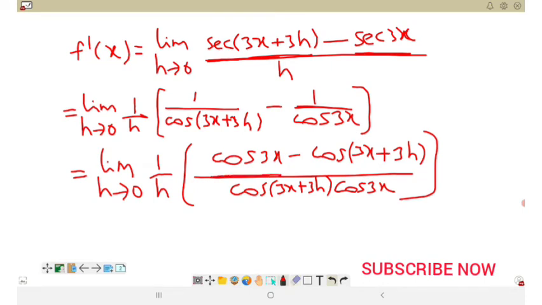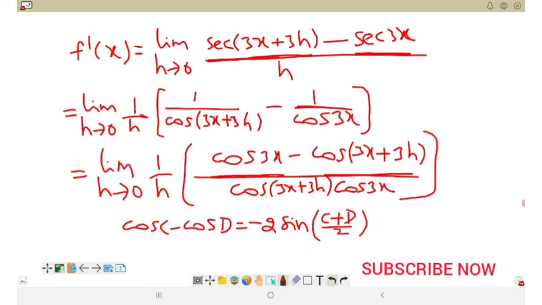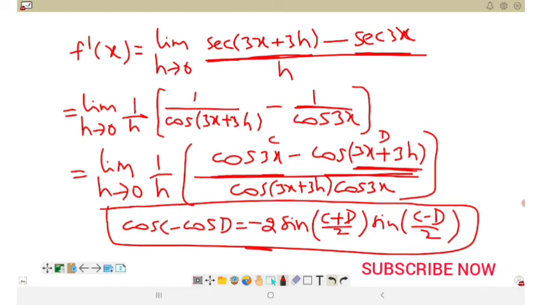So it is of the form cos c minus cos d. Cos c minus cos d is equal to minus 2 into sine of (c plus d) by 2 into sine of (c minus d) by 2. f dash of x is equal to limit h tends to 0, 1 by h into, so here c is equal to 3x and d is equal to 3x plus 3h.